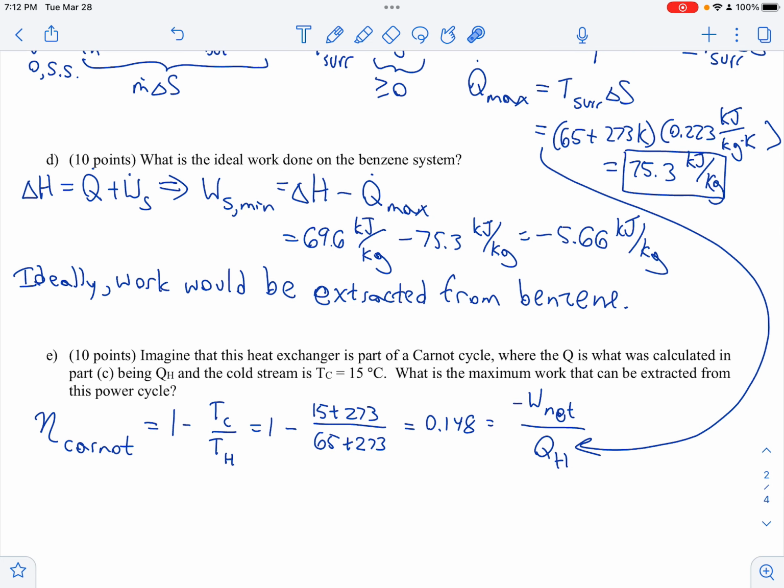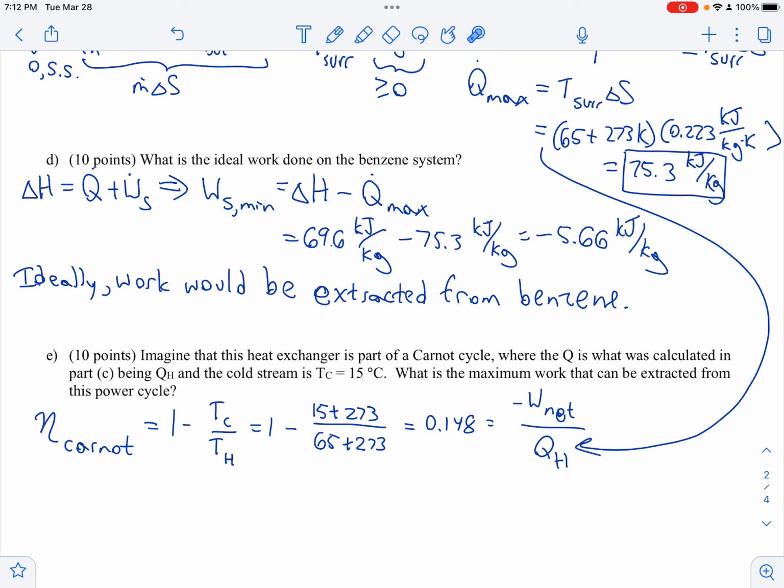Okay, now, they're asking us to use the Carnot formulas, but of course you are using different TC and TH. So I don't think it'll give you the exact same answer.